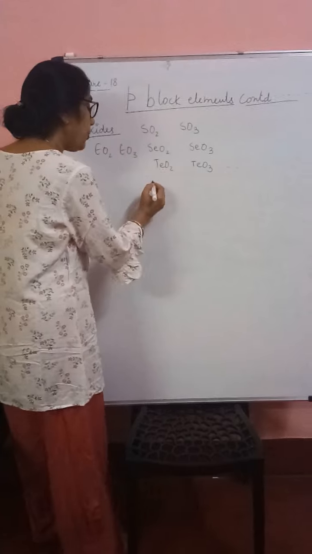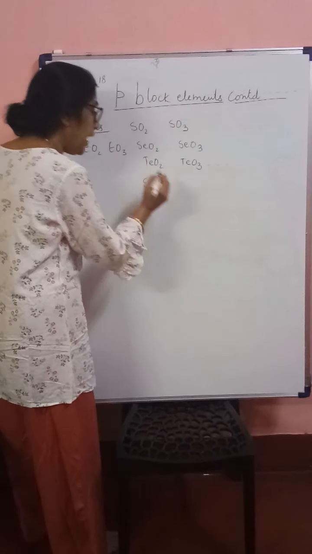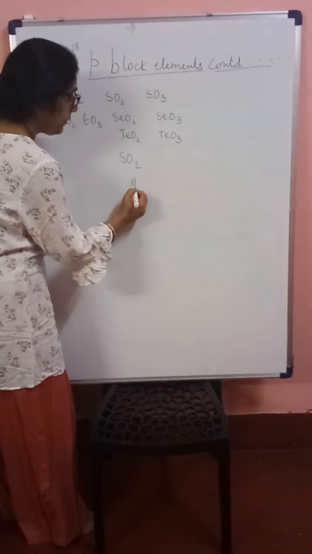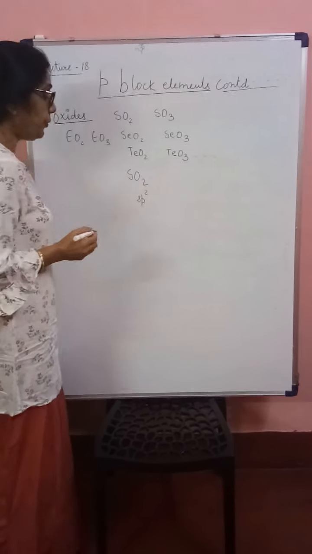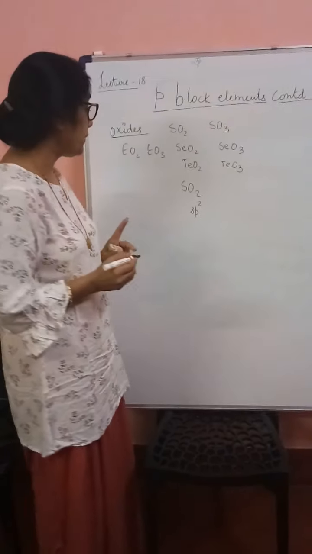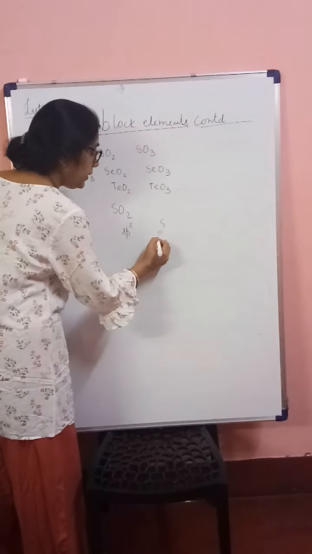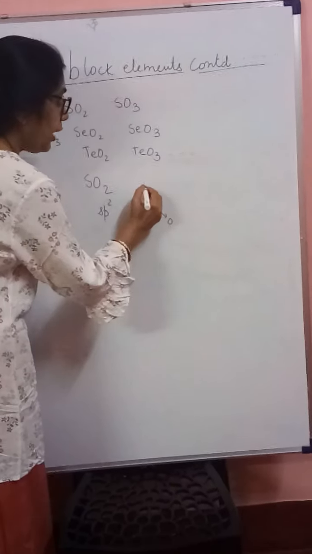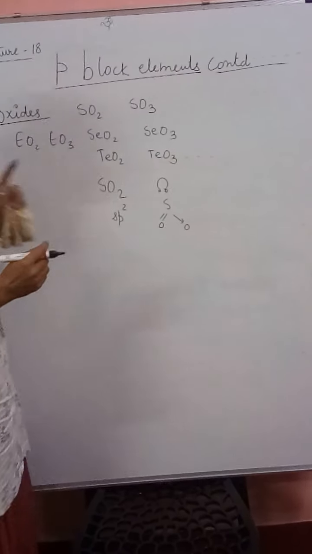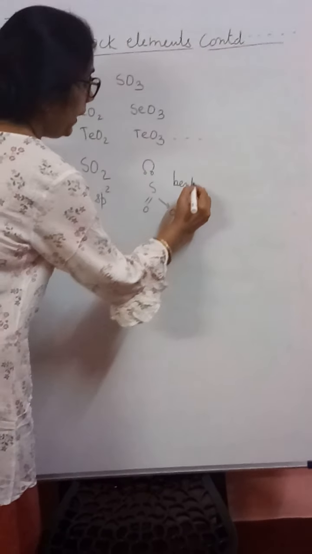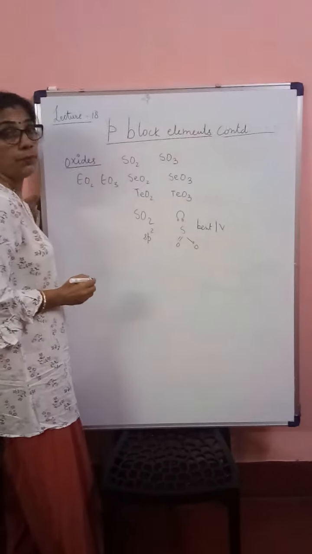So for sulfur dioxide or any dioxide, the hybridization will be, I hope everybody knows how to predict the hybrid state of the central atom. So it is sp2 with one lone pair, as they have 6 valence electrons. So this is also bent or V in shape.